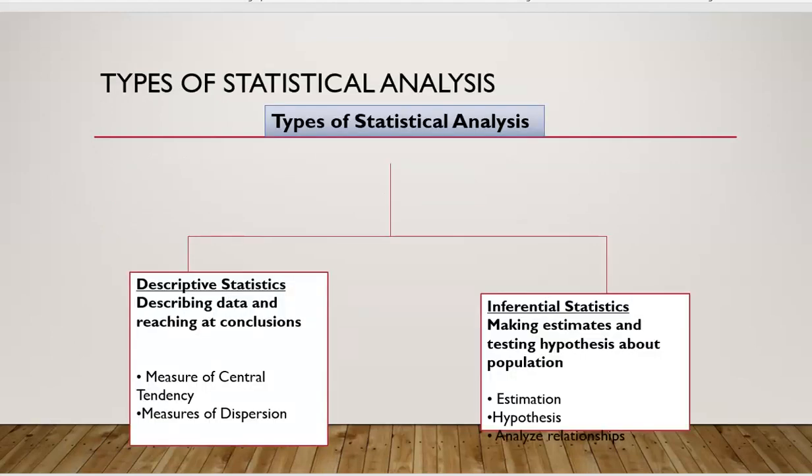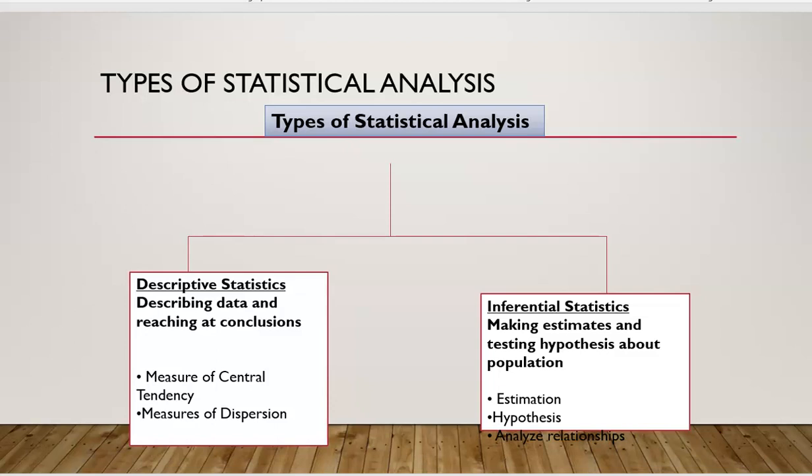Next, there are two branches of statistics. One is descriptive statistics, where we cover measures of central tendency, that is mean, median, mode, and measures of dispersion: range, standard deviation, variance, coefficient of variation.